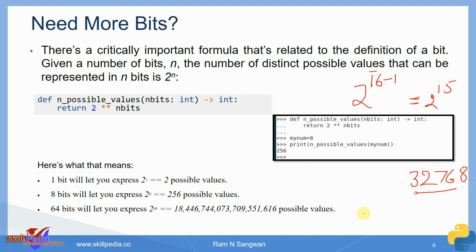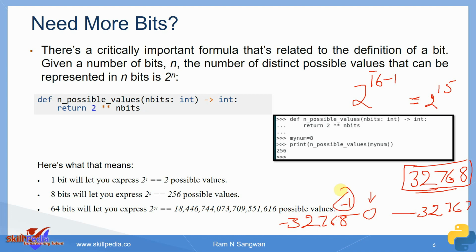If you start counting from 0, then you have to take one number less, so the highest number will be 32,767. On the negative side you start with minus 1, so the value will be minus 32,768, because minus 0 doesn't exist and it starts with minus 1. So we have total possible values of 32,768.